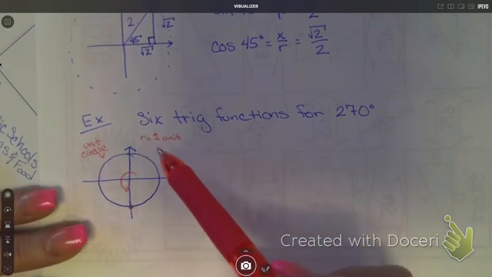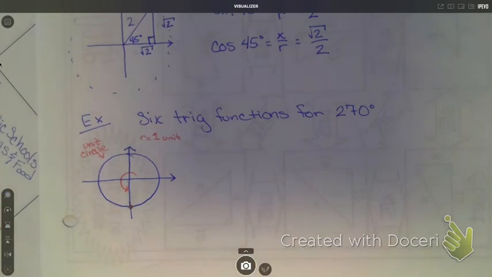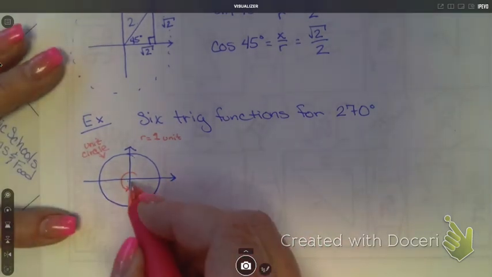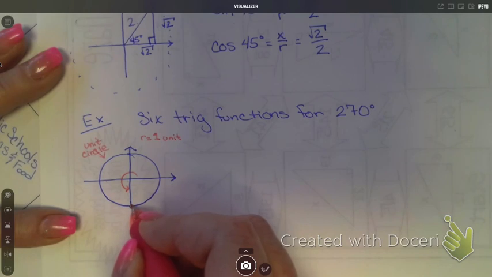Okay. Then this is called the unit circle. So the radius is 1 unit. That 1 unit could be 10,648.6 feet, but it's still going to be 1 unit. Because it is 1 unit, what is this coordinate right here?